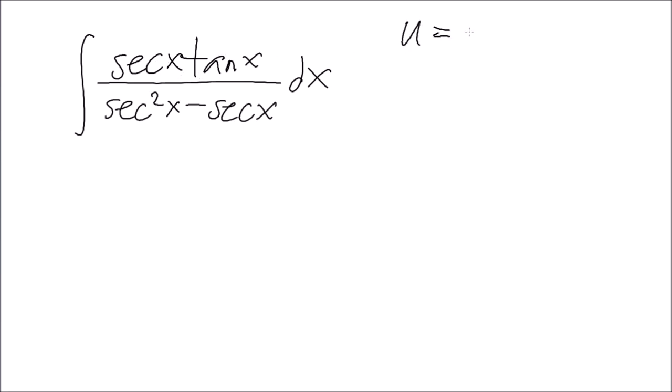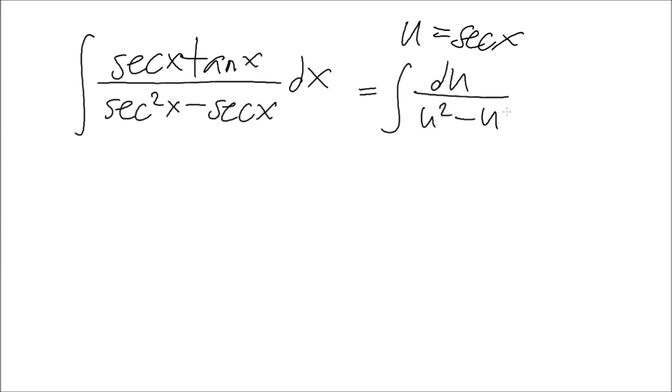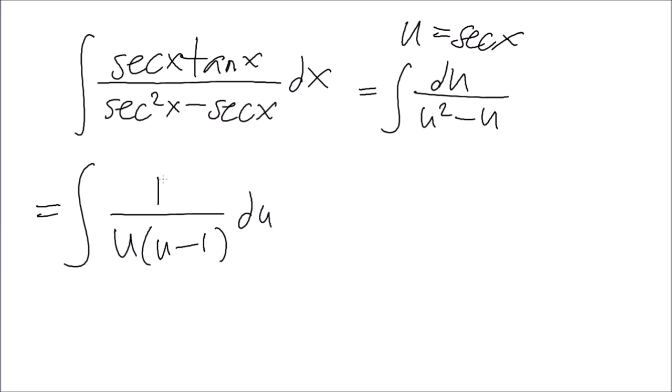Cool, so we'll let u equal secant x. Then this will give us du over u squared minus u. We can factor this to u minus 1 du. We have 1 here. Zero substitution, because I see this lonely u here that I can take advantage of.